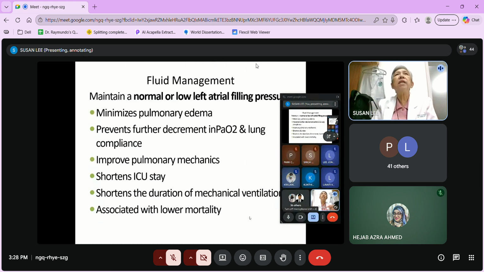So aside from the management of the lung using low tidal volume, we also do not want to overload the patients with fluid, because in the first place the patient is already edematous. So we want to further minimize the pulmonary edema.